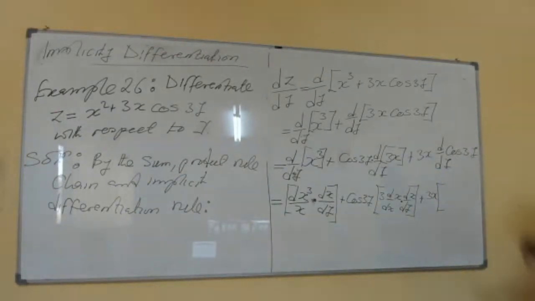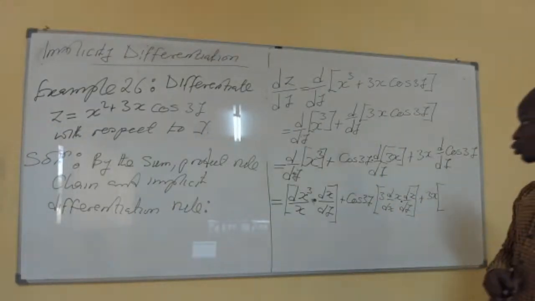Now under here, we are differentiating cos 3y with respect to y. We are going to apply the chain rule.